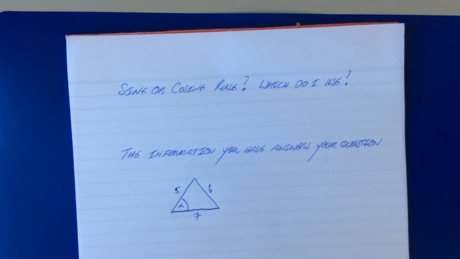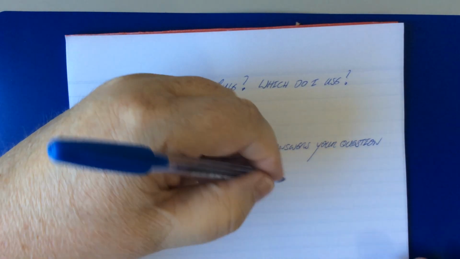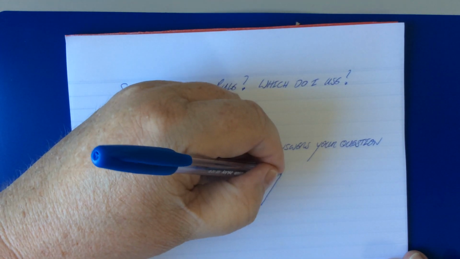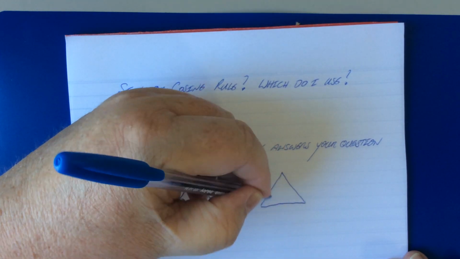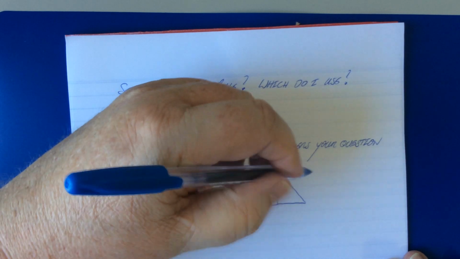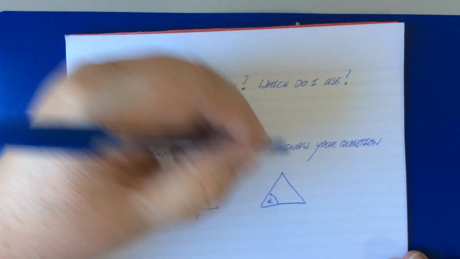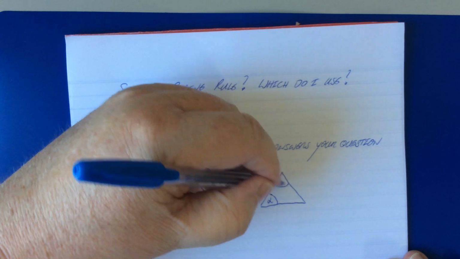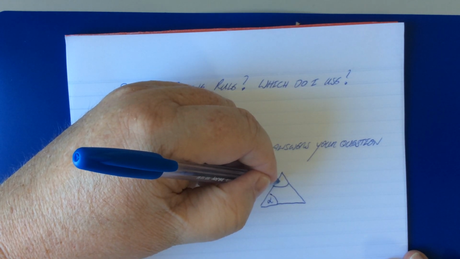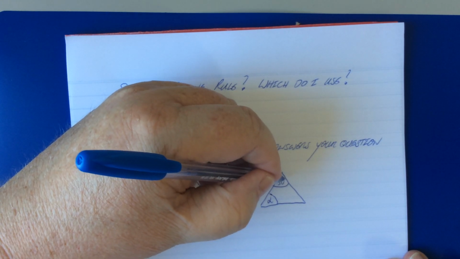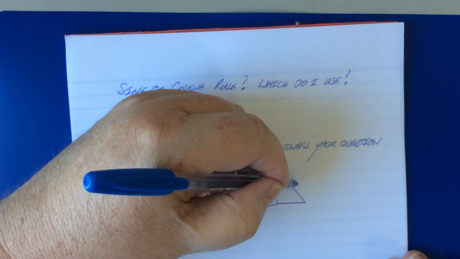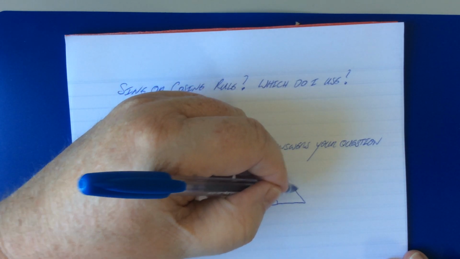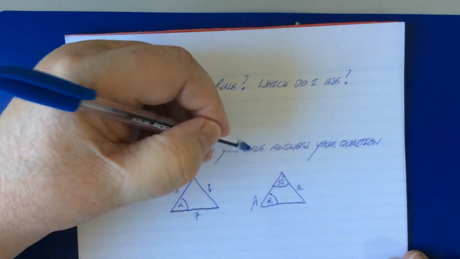My default setting is to see if the sine rule will work. And for the sine rule to work, you need an angle. So say you're looking for this angle, but you know this one, let's say that's 50 degrees. You need this side, so if this is A, this is little a.